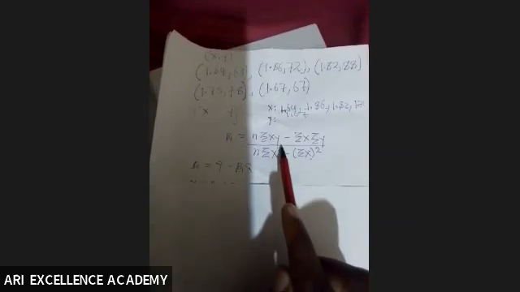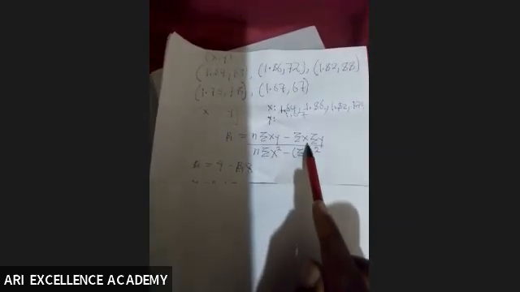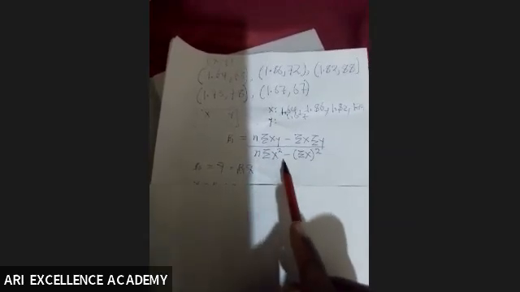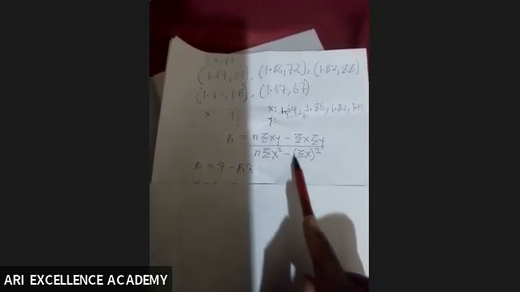Now, what do we have? We are told always that the value of beta 1 is equal to n, the summation of xy minus the summation of x times the summation of y, divided by n, the summation of x squared minus, open the brackets, summation of x, then you close, you square that. Whereas beta naught is given as y bar, which is the mean of y variables, minus beta 1 times x bar.